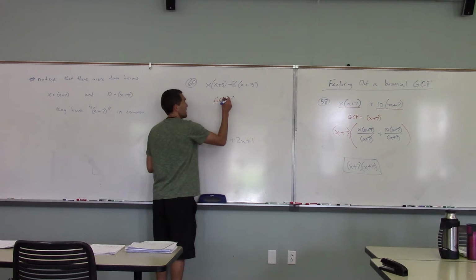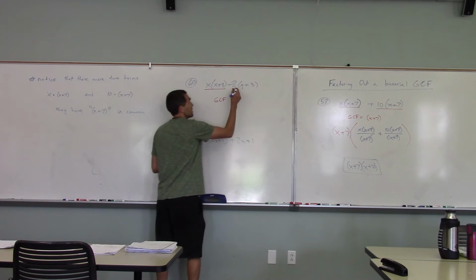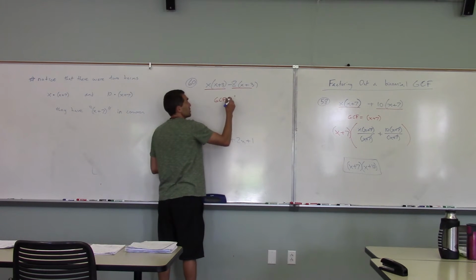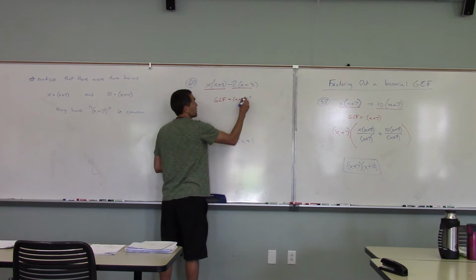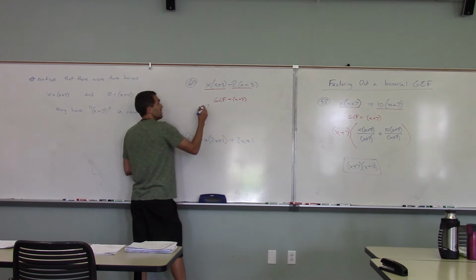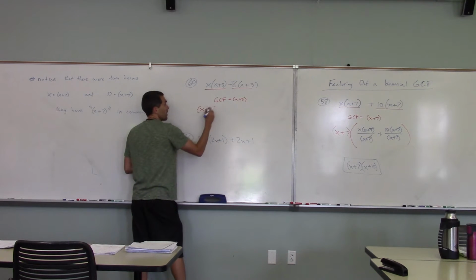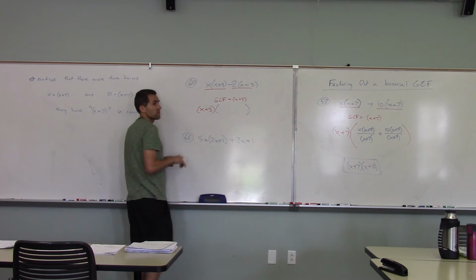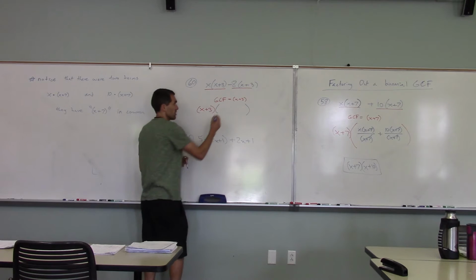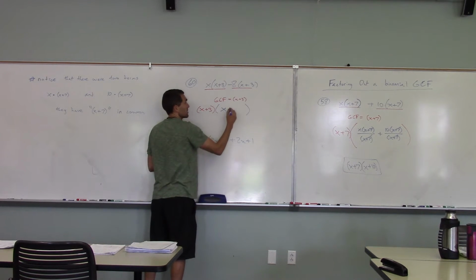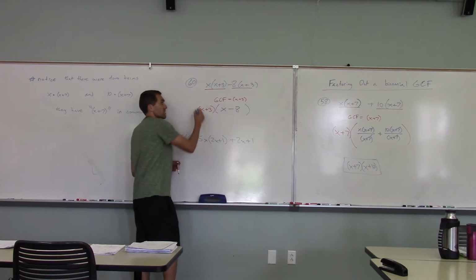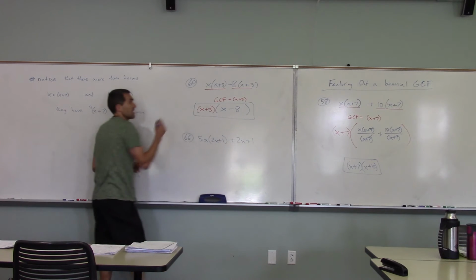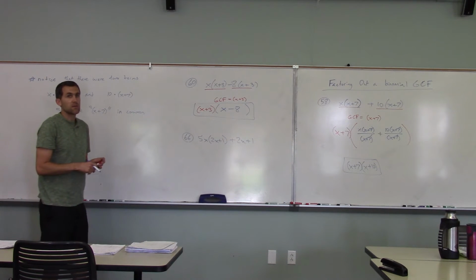Plus 3. Yeah, there's 1 term here, 1 term here, so the GCF is the entire x plus 3. So we get x plus 3 taken out, and what are we left over with? After we divide x plus 3 out of the first term, x minus 8. And divide x plus 3 out of this, we're left with x minus 8. Okay, I didn't show all the steps that time.